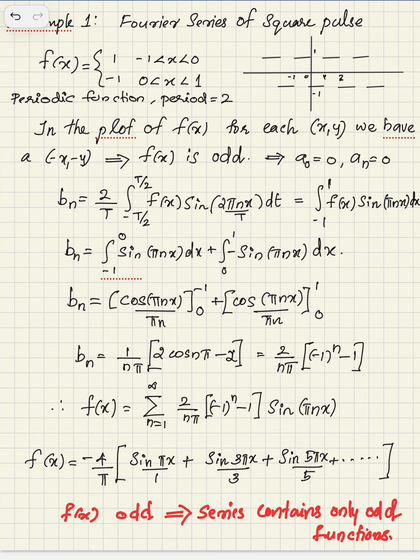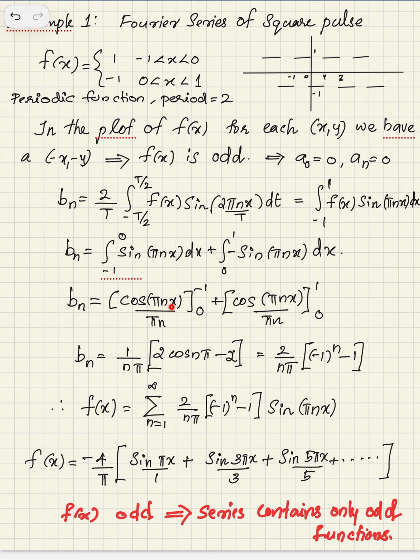Integrating sin pi n x gives cos pi n x by pi n, from 0 to minus 1. Why? The sine integral is minus cos. I am not putting the minus sign; I simply changed the limits of integration from minus 1 to 0 into 0 to minus 1. I incorporated that minus sign in the limits. The integral is cos, 0 to 1.